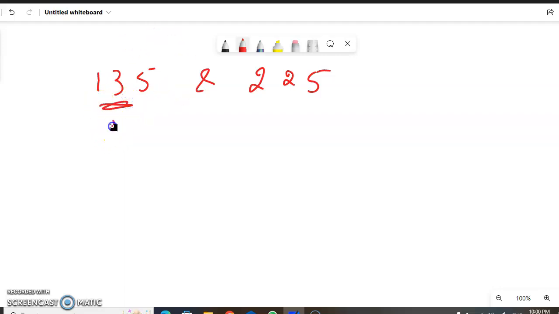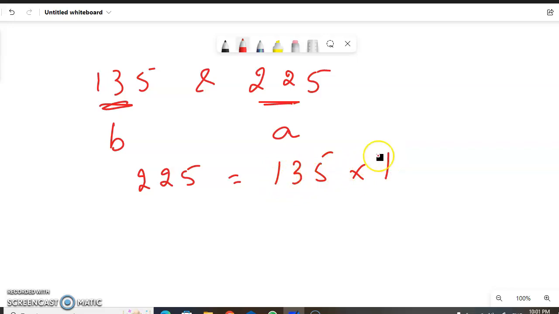Definitely this is considered as B, and the greater number is taken as A. So how will I write? 225 is equal to 135 into 1, plus the remainder. What will be the remainder? 225 minus 135 is 90.